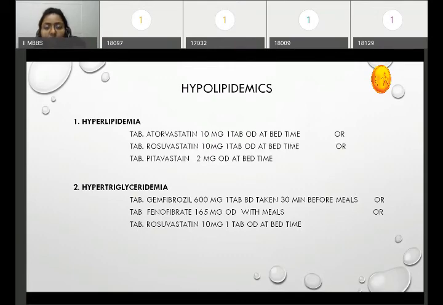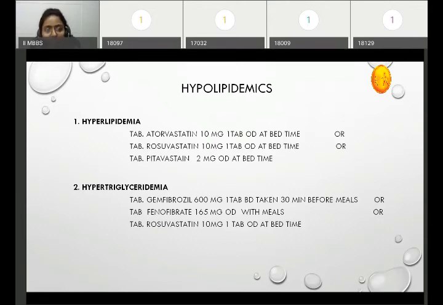The HMG-CoA reductase inhibitors, that is statins, are said to have a maximum effect on LDL levels, up to 50 to 60%. Hence, they are firstly preferred. Examples are atorvastatin, rosuvastatin, pitavastatin, etc. There are also lovastatin, pravastatin, simvastatin, but they are low efficacy statins. We are here preferring higher efficacy statins, that means atorvastatin, rosuvastatin, and pitavastatin.